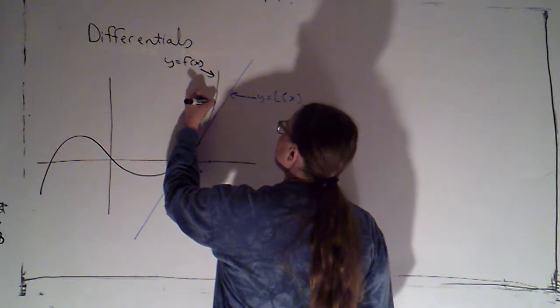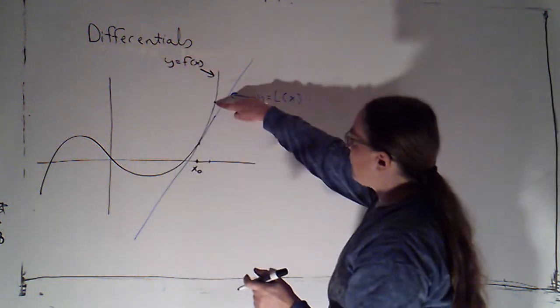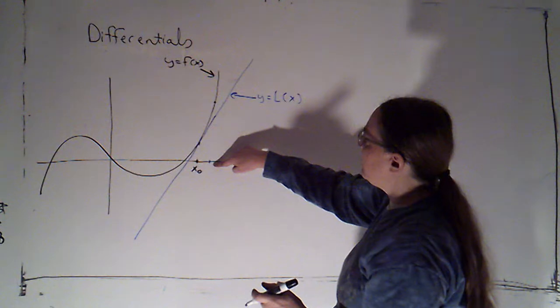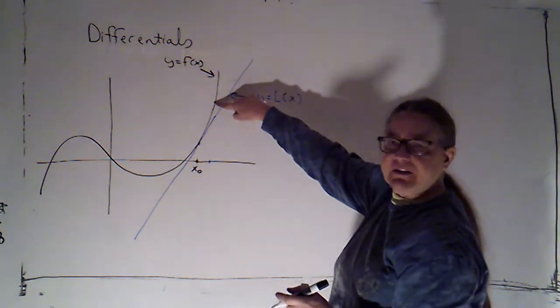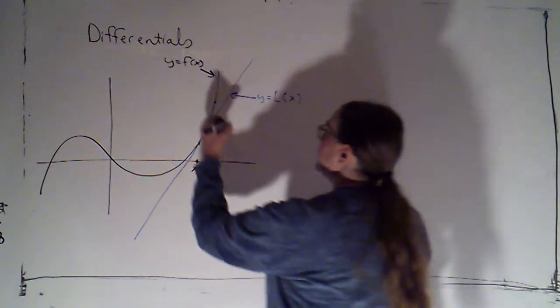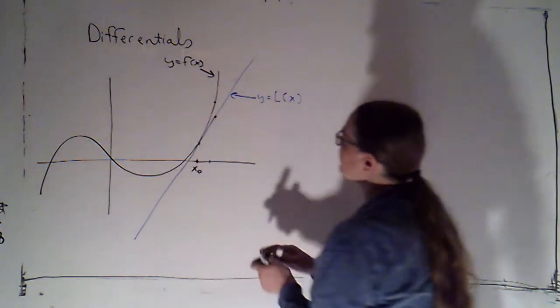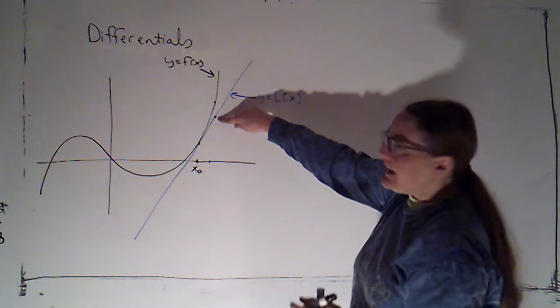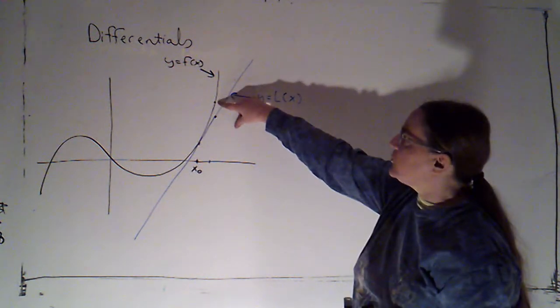So here, if I wanted to know that y value for this nearby point, we've been saying that might be difficult to calculate, but the y value on the line for that same x value is easy to calculate. So we've been saying the y value here is a good approximation of the y value here.